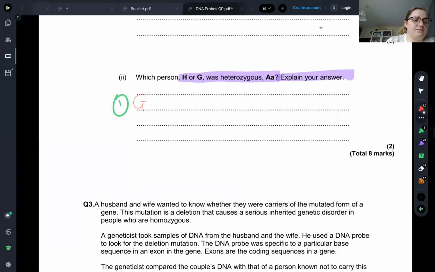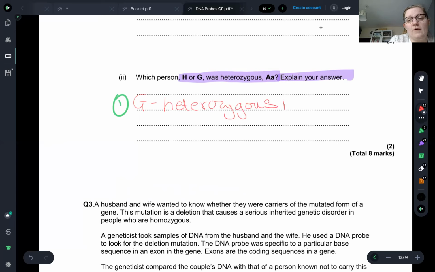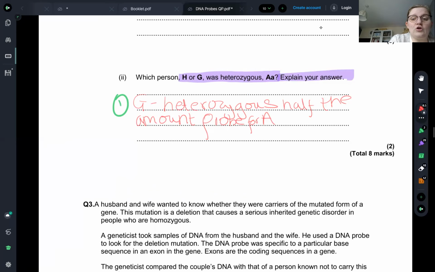So G, and that's because heterozygous only has half the amount, and it has half the amount of the probe for the dominant allele, probe for A. So will only produce half the amount of light.